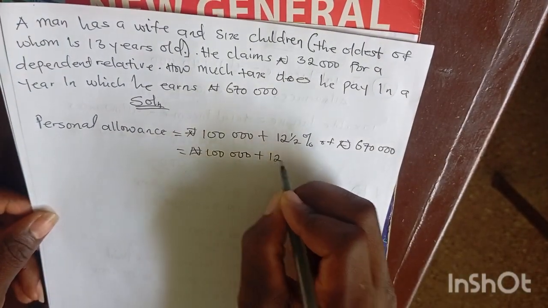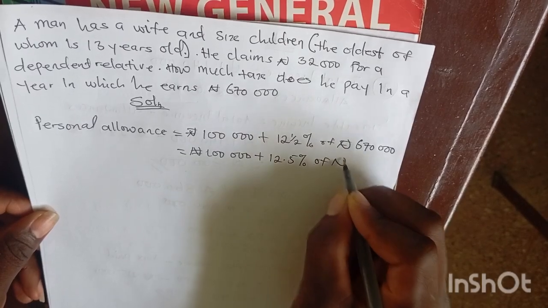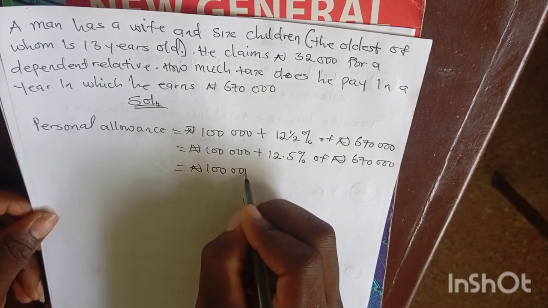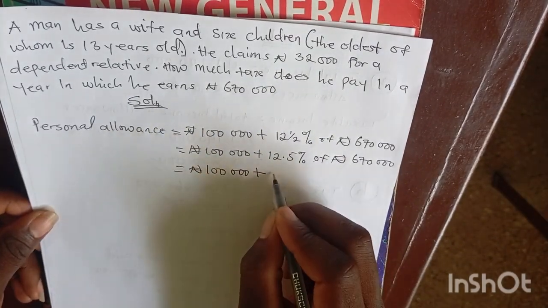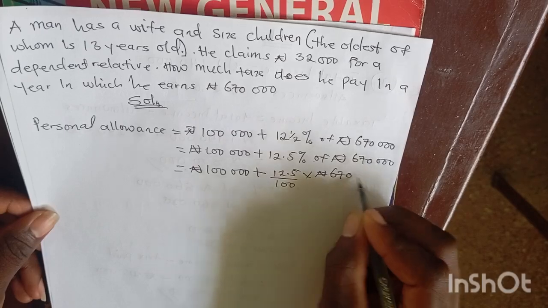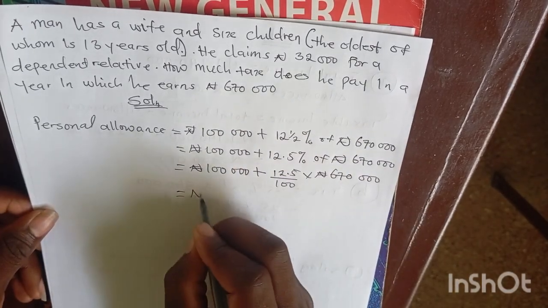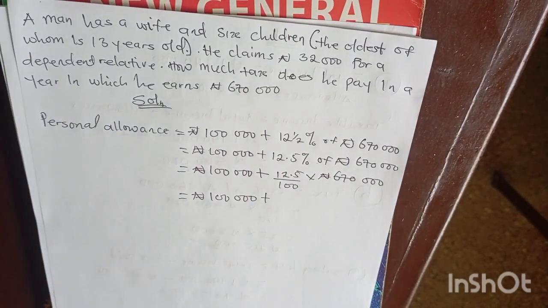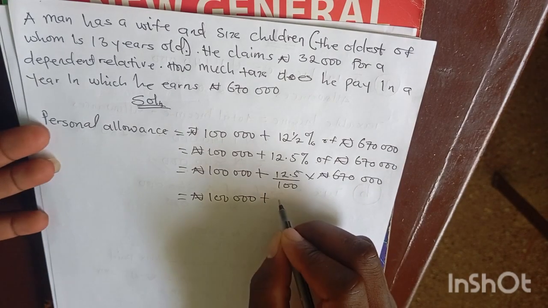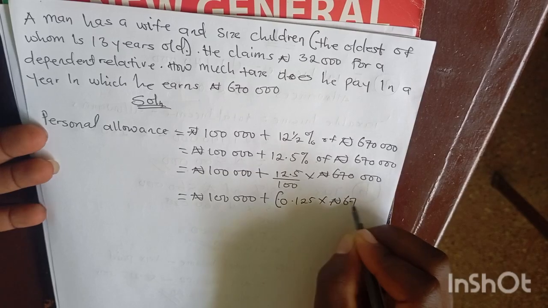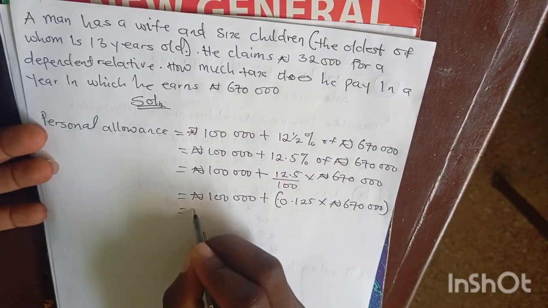So we have 100,000 plus 12.5 divided by 100 times 670,000, which is equal to 100,000 plus, if we have 12.5 divided by 100, we have 0.125 times 670,000.